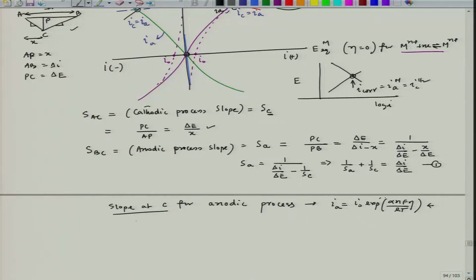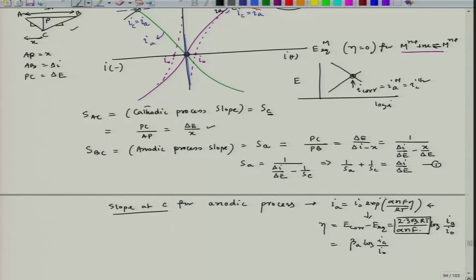In that case I can write this equation as eta, which is nothing but E corr minus E equilibrium, equal to 2.303 R T by alpha N F, log of I A by I0, and this quantity is nothing but beta A, log of I A by I0.